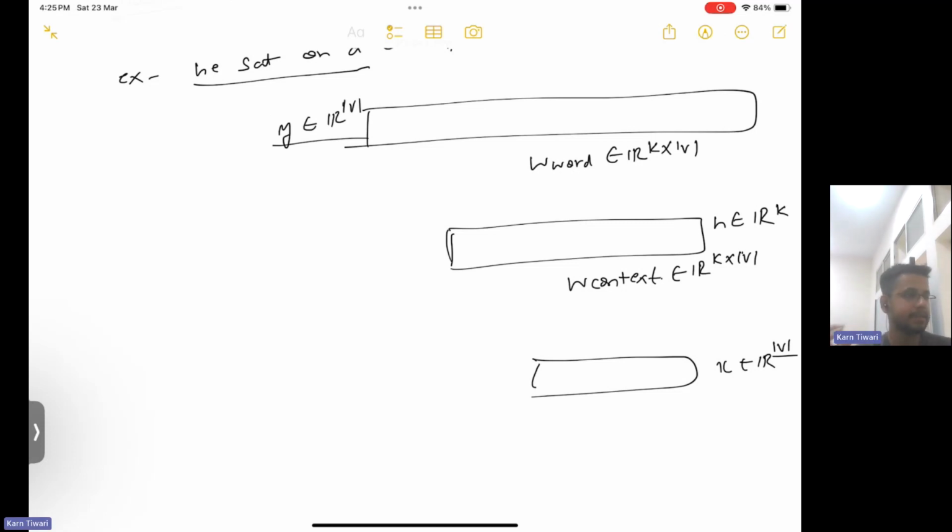Whenever we multiply a matrix by a one-hot vector, where only one index is one and the rest are zeros, we pick the ith column, which was non-zero in our vector. In other words, there is a one-to-one correspondence between the representation W context and the words, because for the ith word we are picking the ith column from our context matrix.